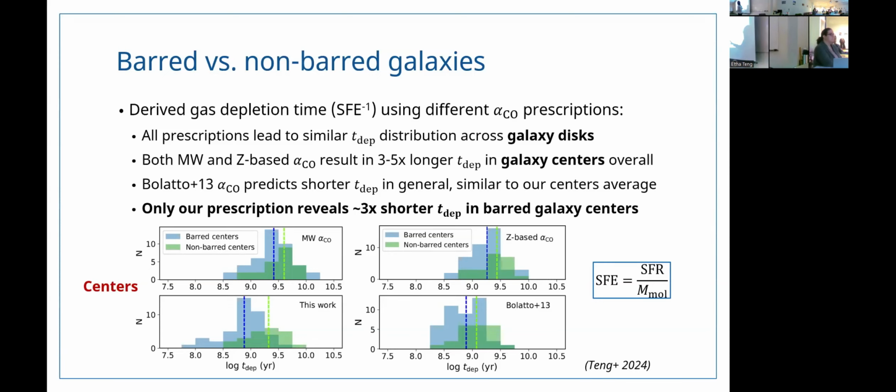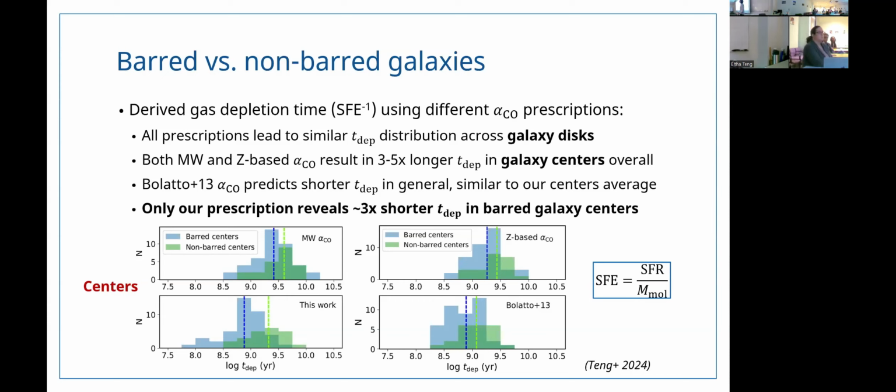The Bellato prescription basically suggests that all galaxy centers have this shorter depletion time, but our prescription suggests that it is the barred galaxy centers that have high star formation efficiency rather than all galaxy centers.